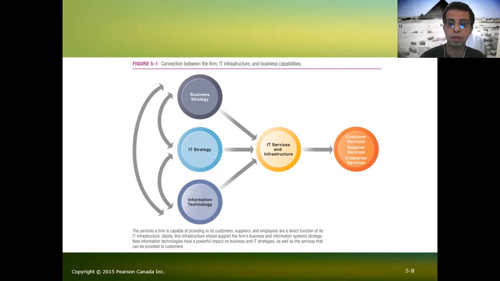The IT strategy is connected to information technology, and all these three should help in developing the IT services and infrastructure, which eventually go to customer service, supplier service, or enterprise service.